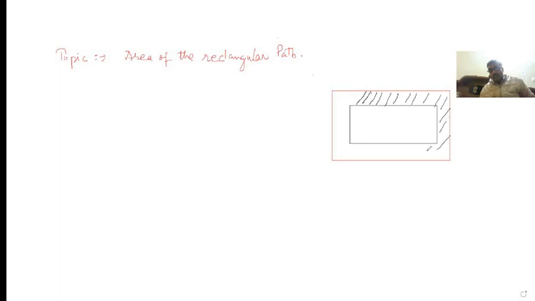This is the area. The area of the shaded portion is to be found by us. Let us take the length of the outer rectangle as 20 meter and breadth as 15 meter, and let the width of the path be 1 meter.